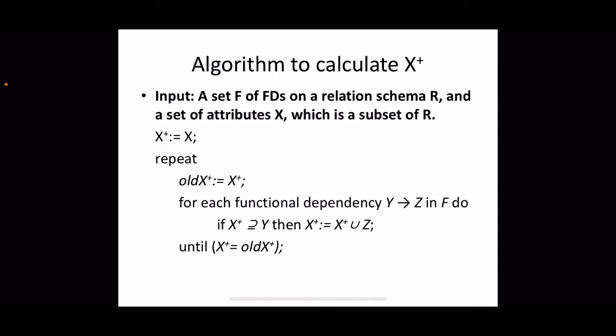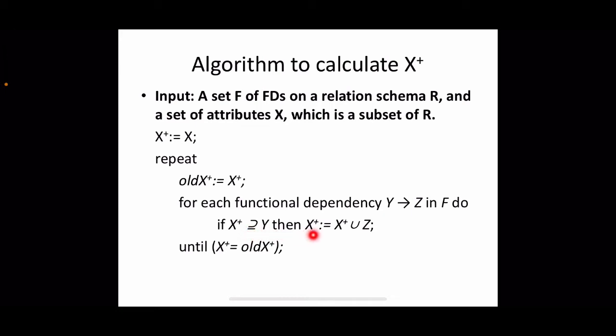Then we repeat the following steps until the condition halts. It is a repeated procedure. Each time after processing, we assign the new value of X closure to the old value of X closure. That is the first step. And how do we change the value of X closure? We take a single functional dependency, say Y to Z, in the given set F. Then we check whether Y is a subset of X closure.